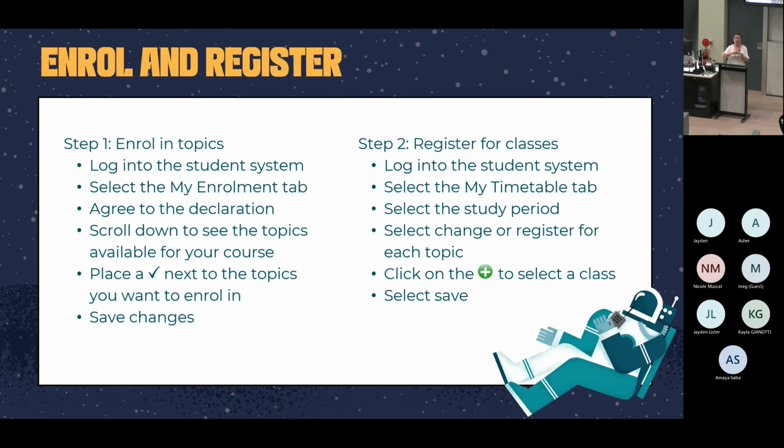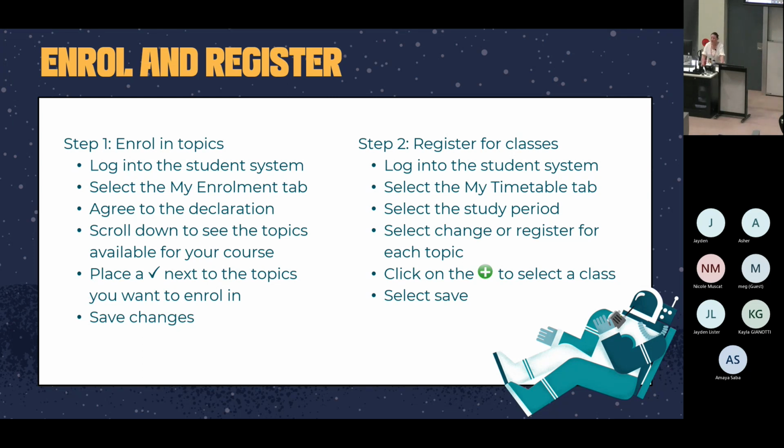If you're doing it in the middle, you might have 3 topics per semester. It just depends on your study load and how long you're expecting to complete the Bachelor of Social Work in. The Bachelor of Social Work full-time is a 4-year degree, but part-time people can do it over a longer period of time. And the longest period of time you can take to complete the degree is 10 years.